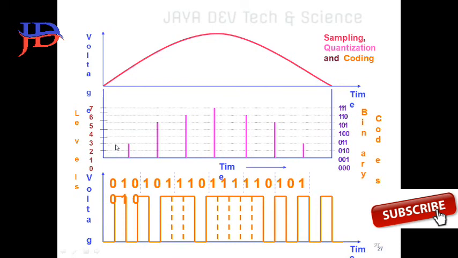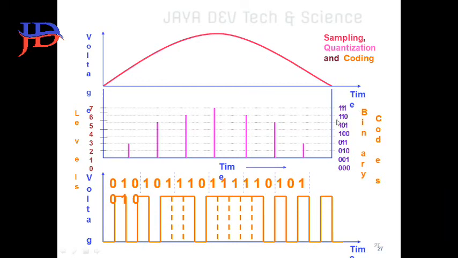The first sample is 3, with its equivalent binary value. The second sample is equivalent to 5, which is 101. This is 6, which is 110, and this is 7, which is 111. Then the quantized data is taken here: the first value is 010, equivalent to 2, then again 101, which is the value 5, next 110, which is 6. For example, 101 is 5. So this is the output of your encoder.